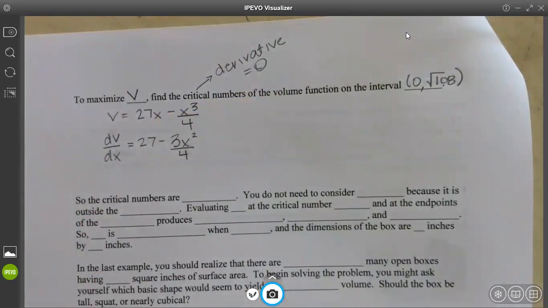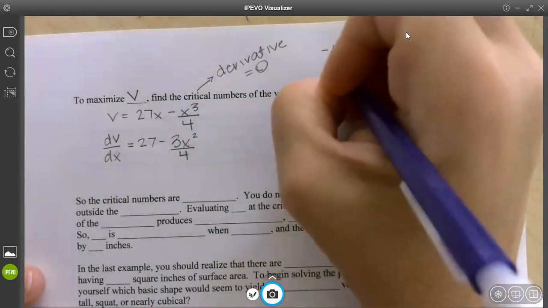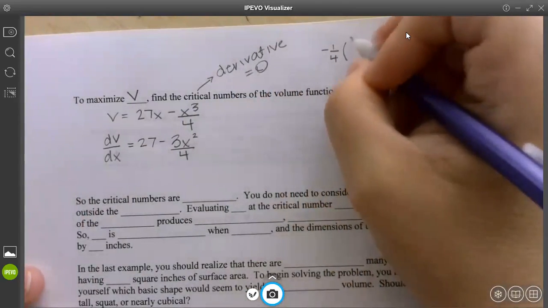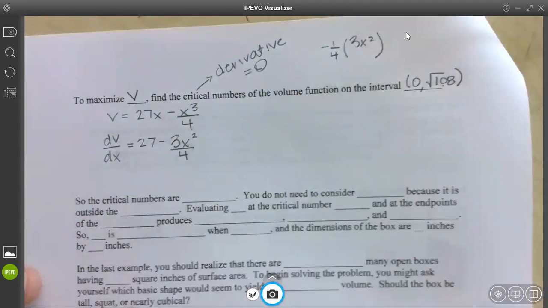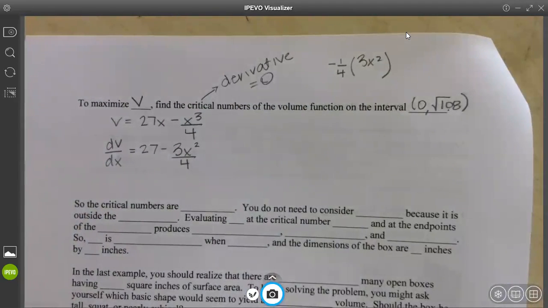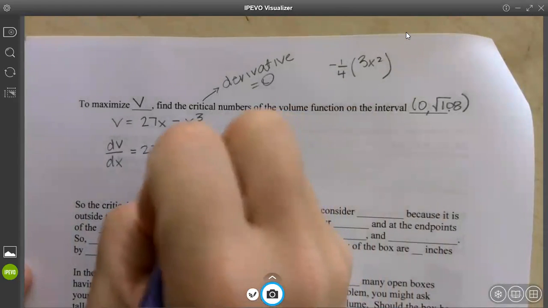Again, if you don't know where that came from, we have a negative 1/4, and then we have to do 3x squared because of the top. So then when you put it together, you're going to get 27 minus 3x squared over 4. And then what do we say we do to it? Set it equal to 0.